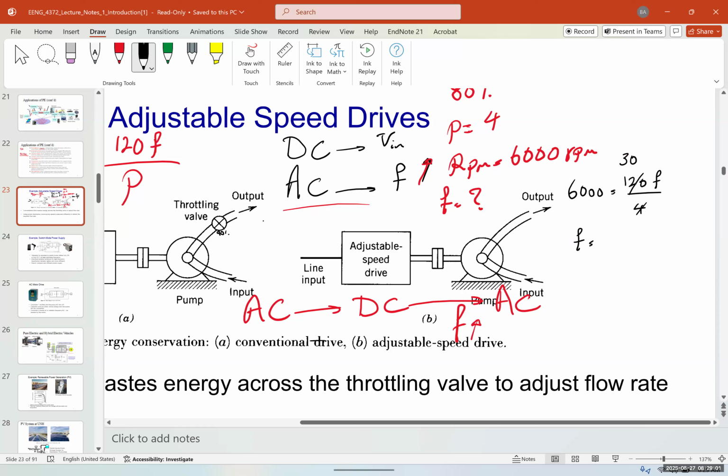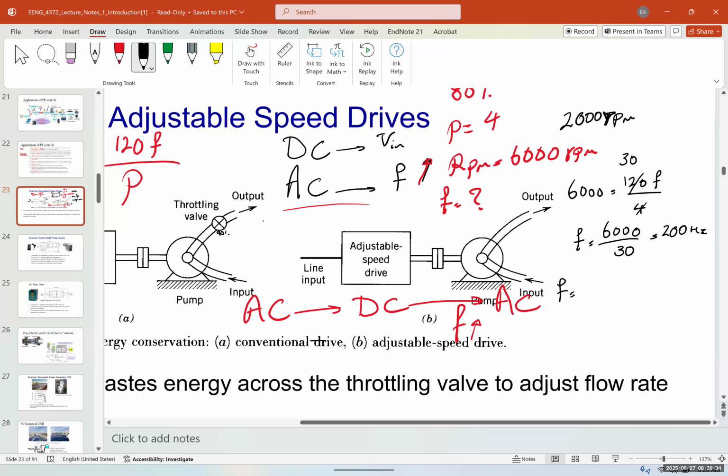So F would be equal to 6,000 over 30, which is going to be 200. Now, what if I wanted to run at 2,000 RPM?